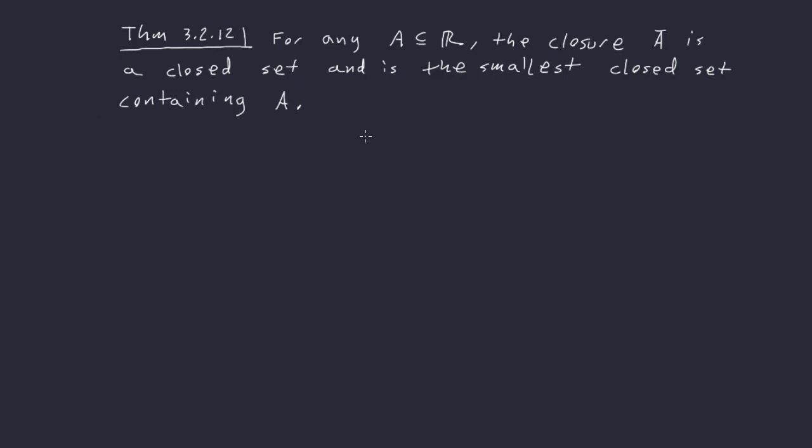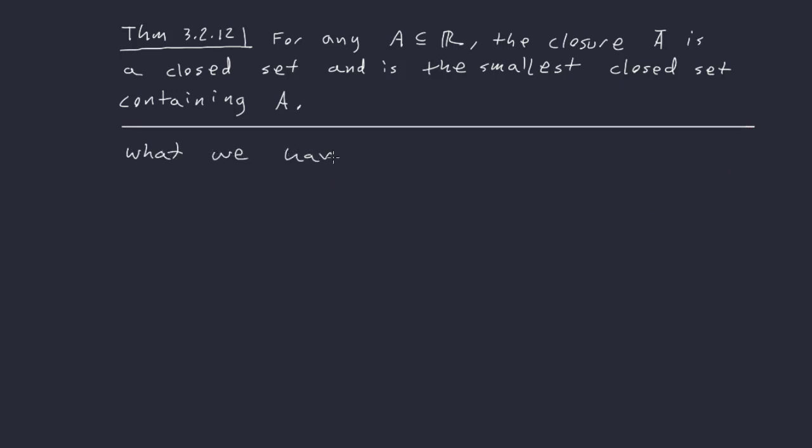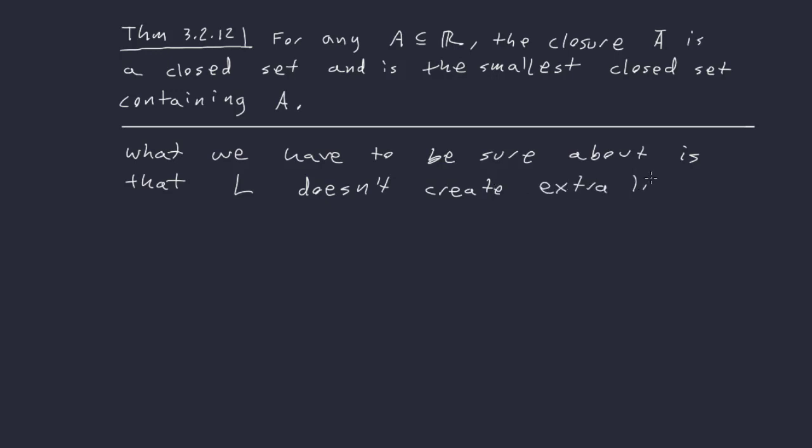The problem that could arise, okay, so what we have to make sure about is that L, the set we were talking about, which is the set of all limit points, doesn't create extra limit points, not in itself, basically.